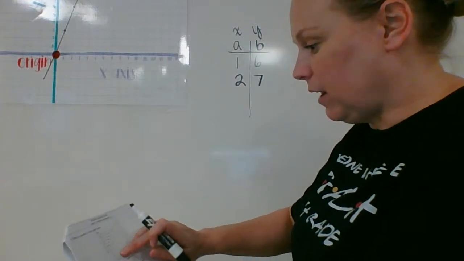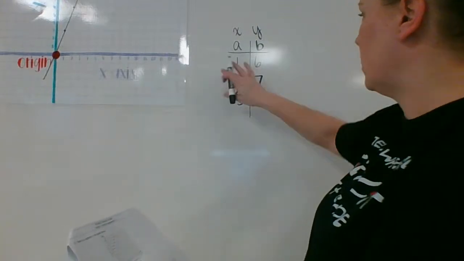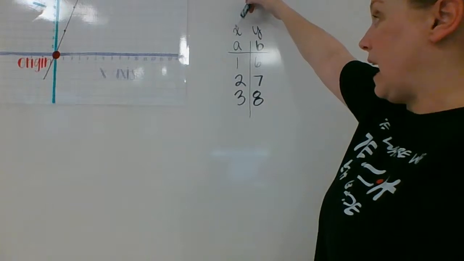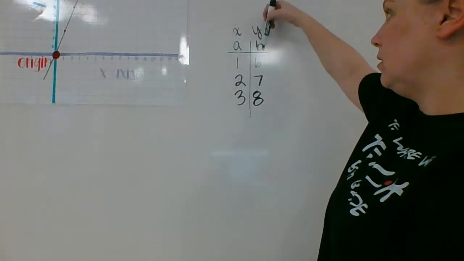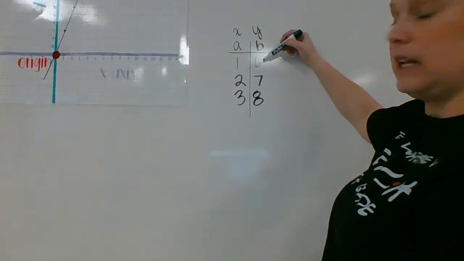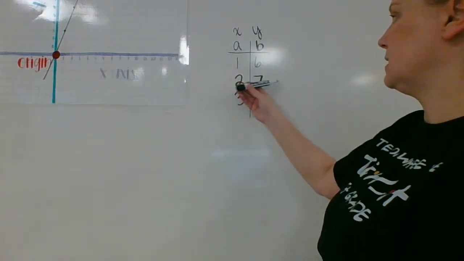we go over 3 and up to 8. What looks to be happening? What kind of rule or process is happening when we go from A or X to B or Y? What's happening from 1 to get 6 to come out? 2 goes in and 7 comes out.